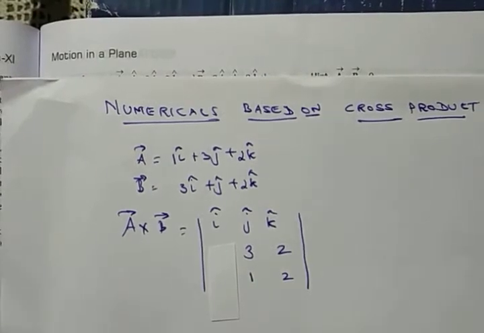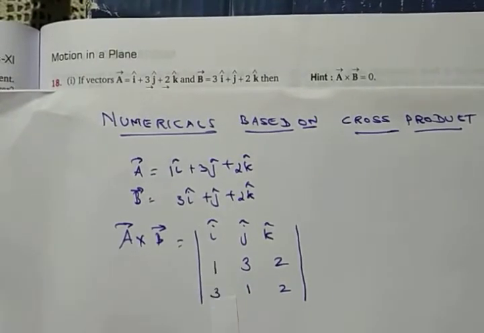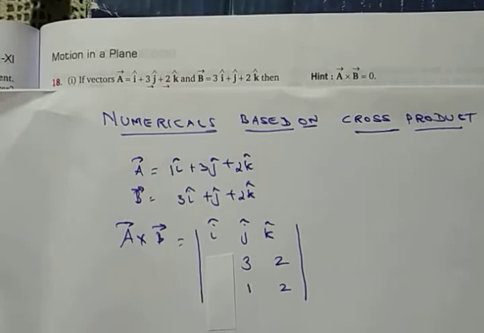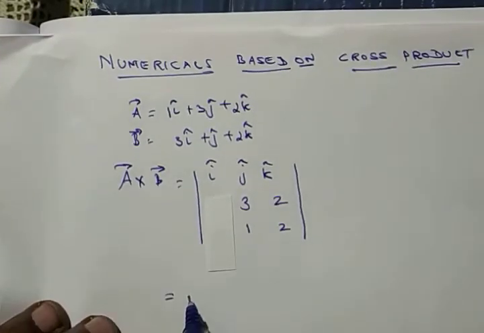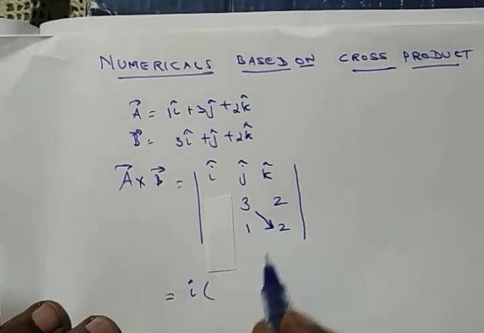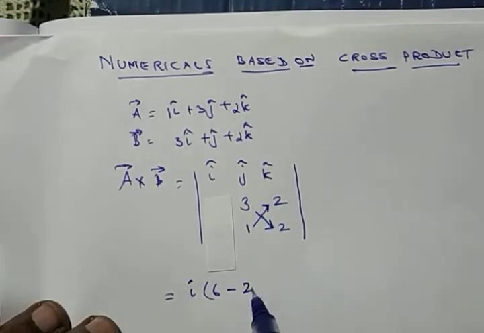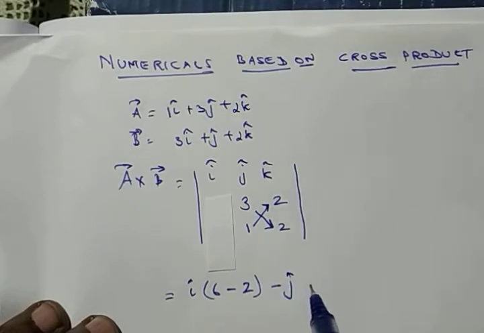So when we have to do the cross product, what we need to do is hide the i cap column underneath it, and then you put here i cap times of this, which has to be multiplied. 3 into 2 is 6, minus, and this 2 has to be multiplied, it's going to be 2. Whenever there is a j cap, there should be a minus sign, followed by the value.